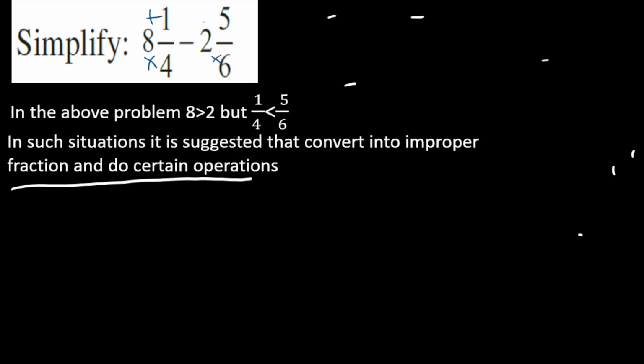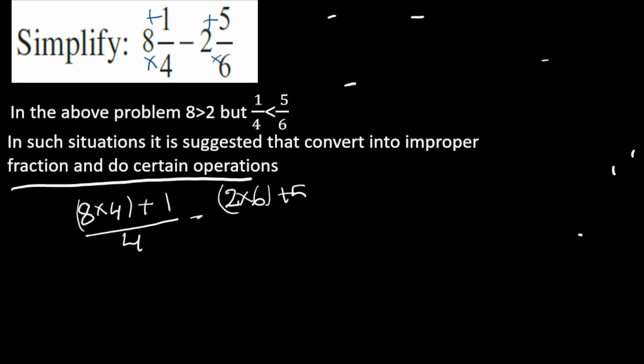convert into improper fractions. To convert a mixed fraction into an improper fraction, we need to multiply the whole with the denominator and add it to the numerator, by the denominator. Minus, multiply the whole with the denominator and add it to the numerator, 5 by 6.